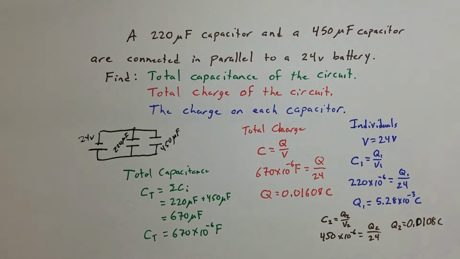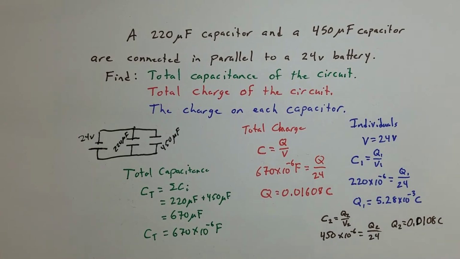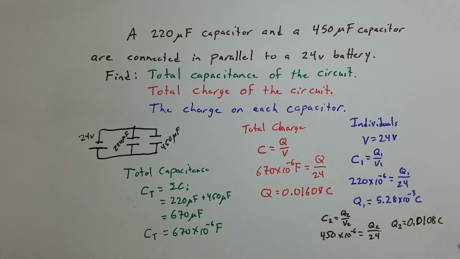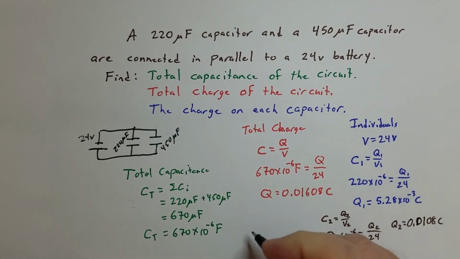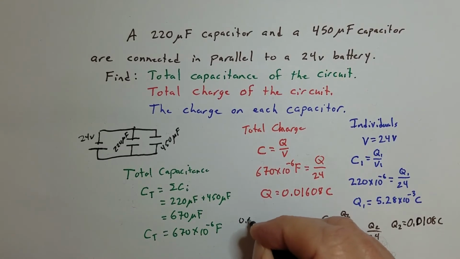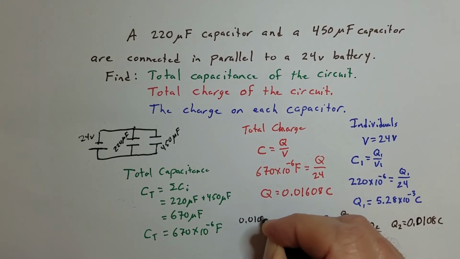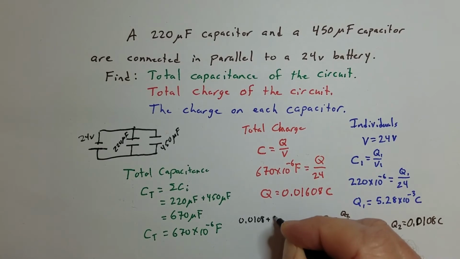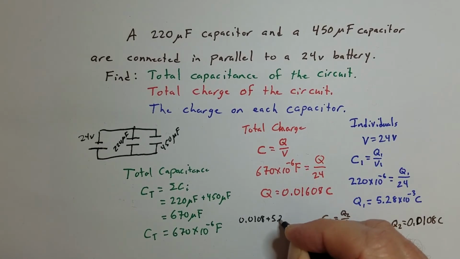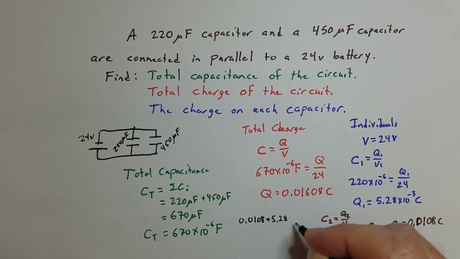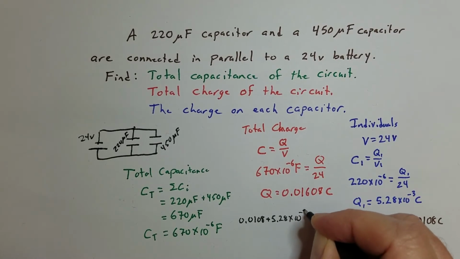And here's where we can check our answer. If we add up the two individual charges, so 0.0108 plus 5.28 times 10 to the minus 3.